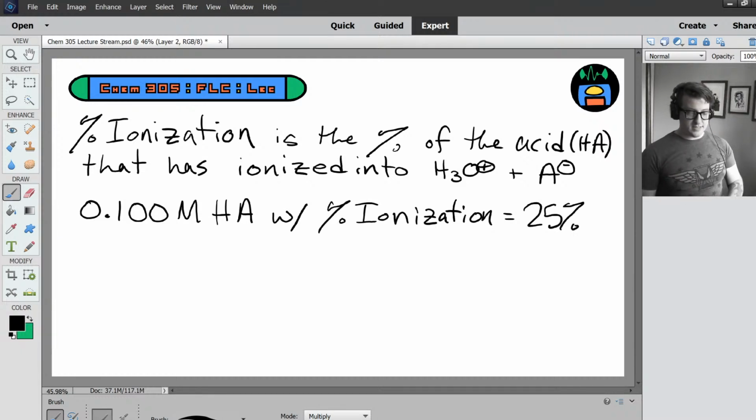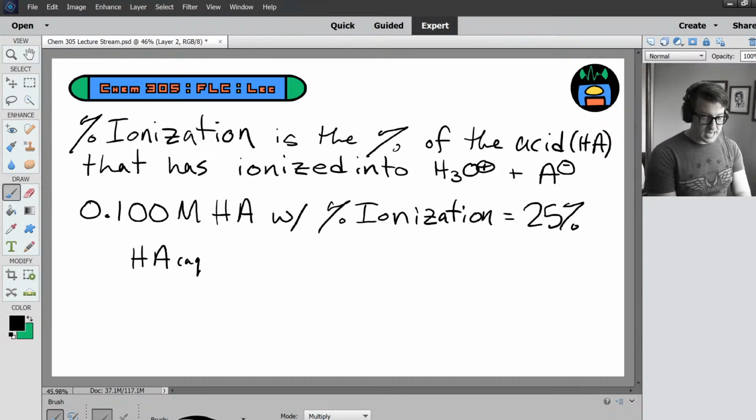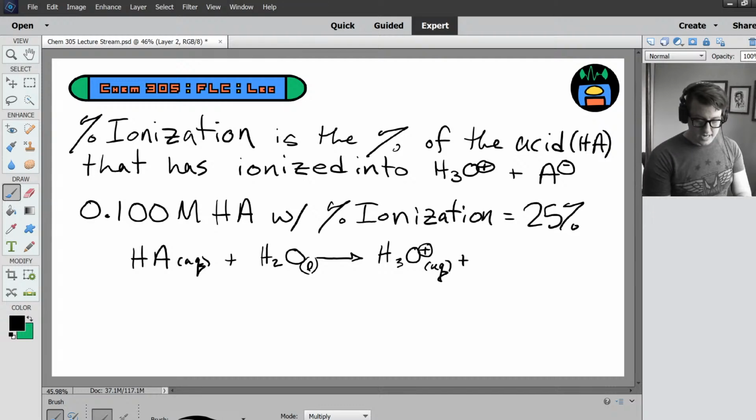What that means in this reaction between the aqueous acid and water, again, the products are hydronium and the conjugate base.